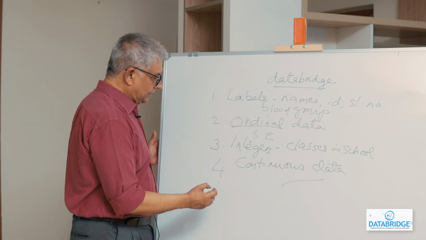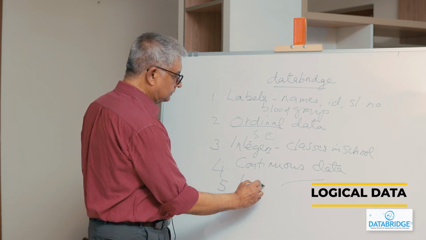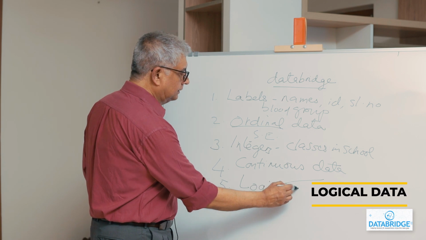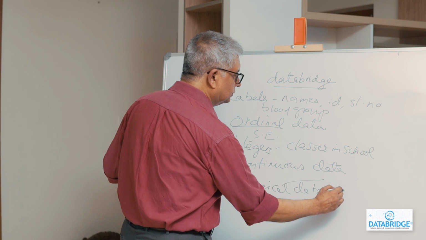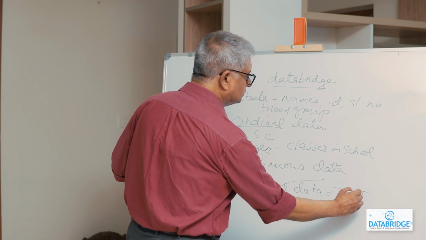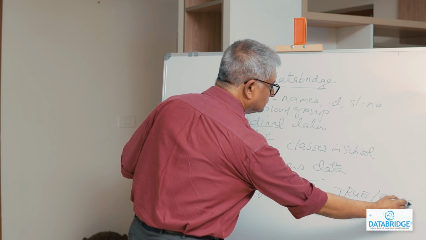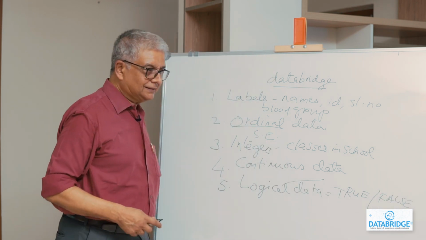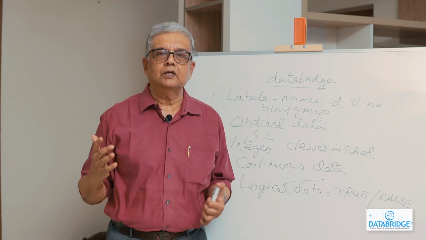But there are some other types of data. One common example is logical data. Logical means true or false. So if you ask whether a statement is true or false, that becomes logical.